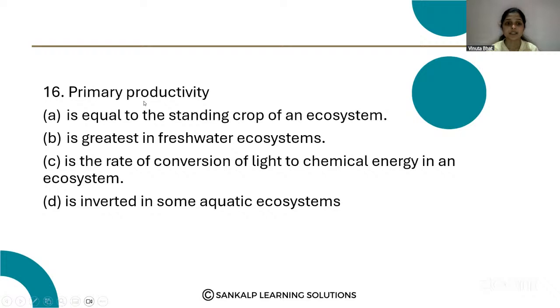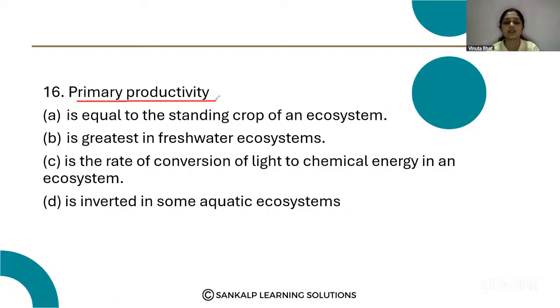Question number 16. Primary productivity, option A, is equal to the standing crop of an ecosystem. Option B, greatest in freshwater ecosystems. Option C, it is the rate of conversion of light to chemical energy in an ecosystem. Option D, it is inverted in some aquatic ecosystems.